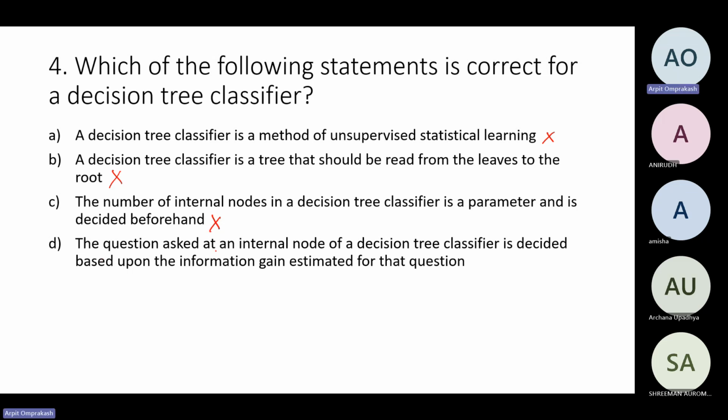The fourth option is: the question asked at an internal node of a decision tree classifier is decided based upon the information gain estimated for that question. So this is the correct answer. This is basically what we do when we are building a decision tree classifier. In each step, we analyze the information gain and then decide on a question.